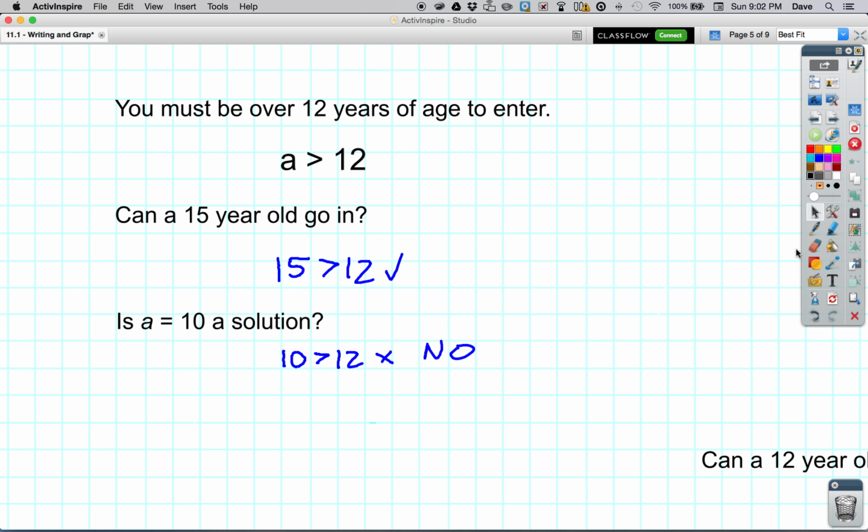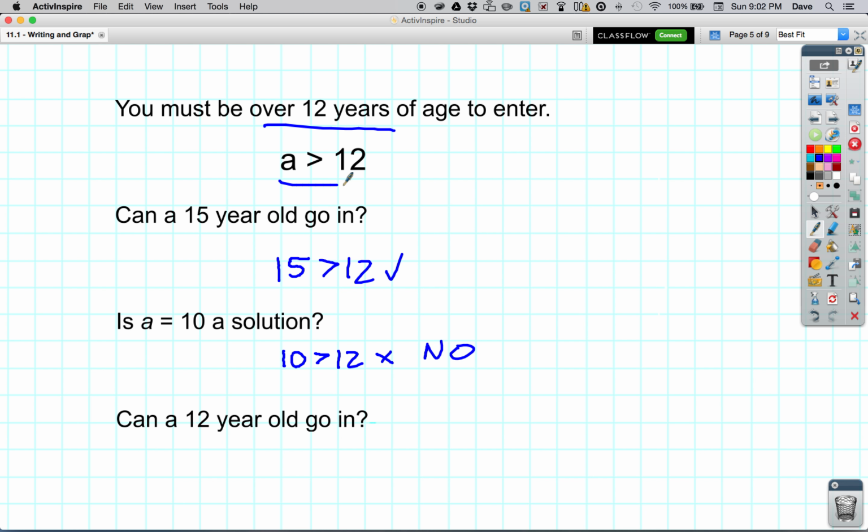Now, here's where we have to be careful. What about this question? Can a 12-year-old go in? Now here we have to be very careful about the wording and the inequality itself. It said you must be over 12 years of age to enter. So if I plug in this 12 for A, I get this statement, 12 greater than 12. Well, is that a true statement?